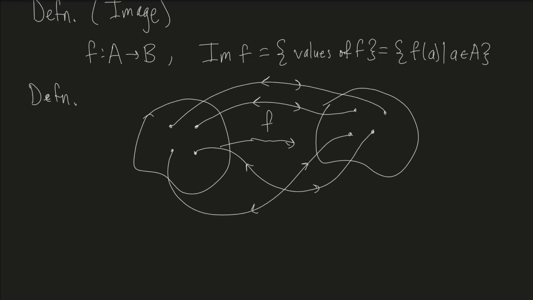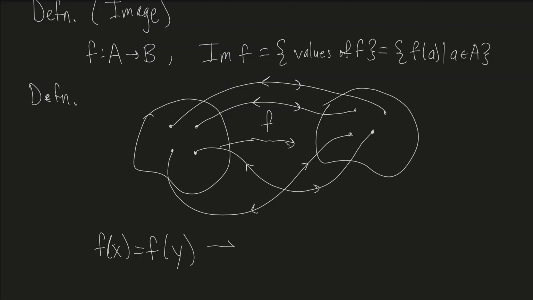So saying that our function maps distinct elements to distinct elements is saying that if f of x equals f of y, right? So we have two elements, x and y, that map to the same thing through f.